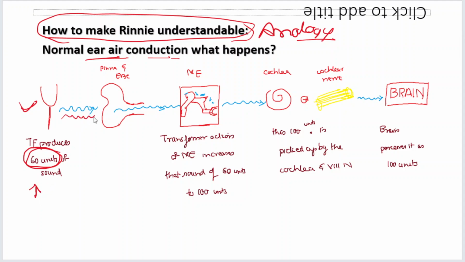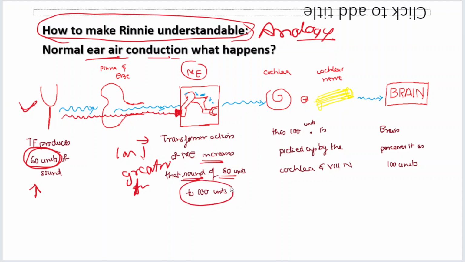This 60 units of sound is passing through the pinna, through the external auditory canal, and then it comes to the middle ear, where the transformer action occurs, and that is increasing the sound. It is not presenting the sound as it is to the cochlea. It is making the sound of greater force, from lesser force to greater force. Just to understand, let us imagine that it's increasing the sound by another 40 units.